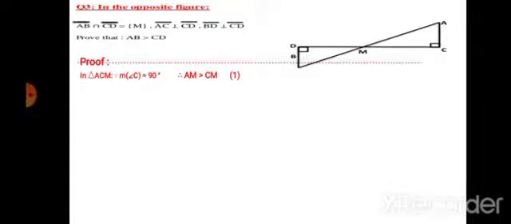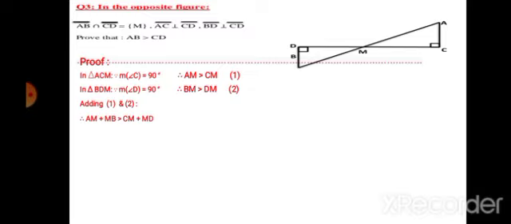That's number 1. In triangle MDB, measure of angle D equal 90 degree. So the hypotenuse MB is greater than MD. That's number 2. By adding 1 and 2, we get AM plus MB greater than CM plus MD. Okay, that means AB is greater than CD.